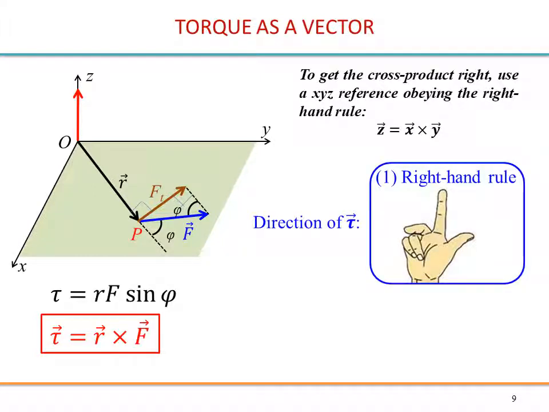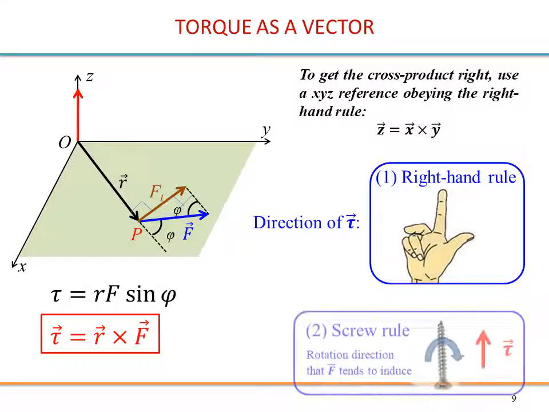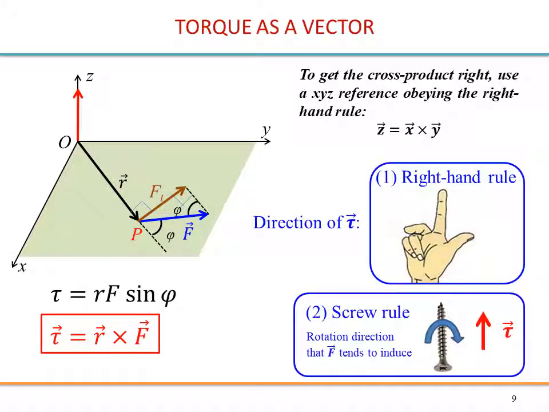Okay. So what about the direction of tau? Okay, so it's a cross product, so it's given by the right hand rule. Another way that I use sometimes is a rule based on the screw. I have already introduced this rule for finding the direction of omega, the angular velocity.